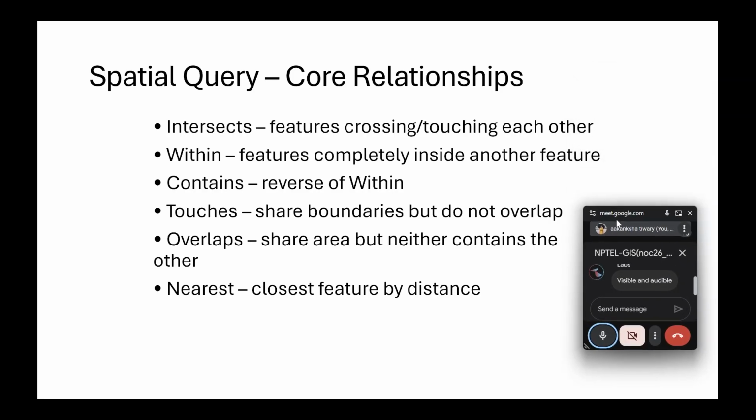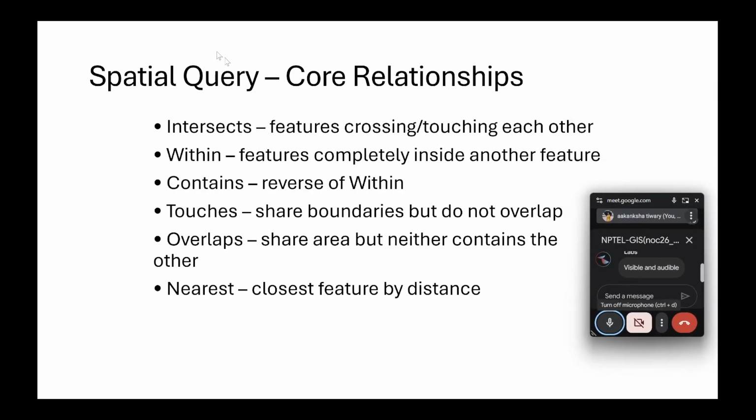Spatial querying is basically done to identify geometric relationships. The core relationships can be of these kinds: intersect, within, contain, touches, overlap, or nearest.